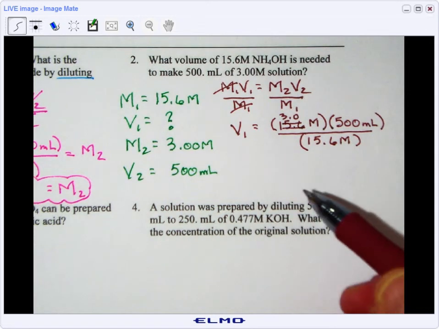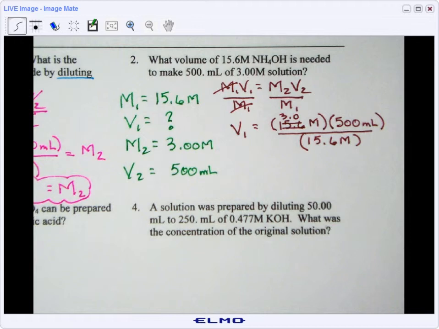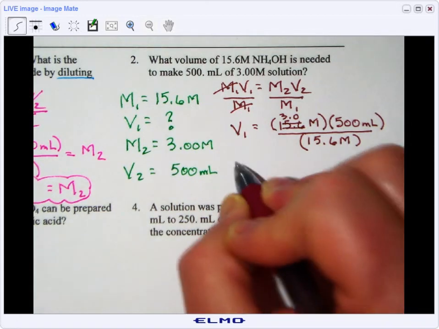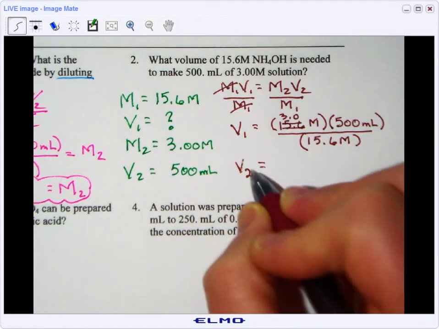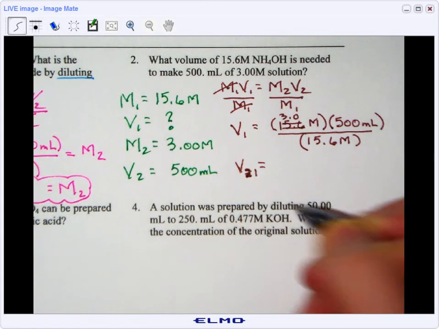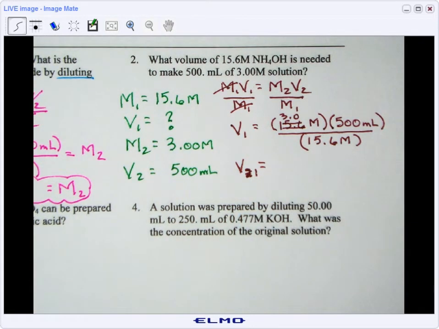It's very important that you put units in here. Anybody have an answer for me yet?